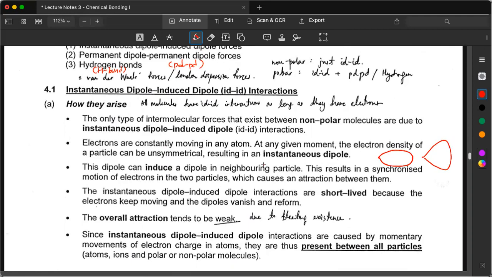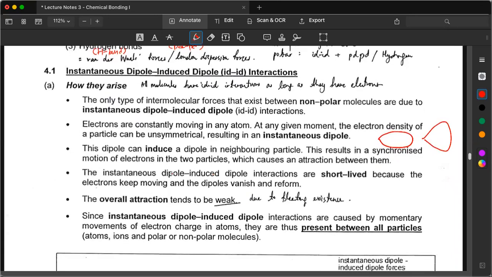When the electron density becomes asymmetrical, we call this an instantaneous dipole. The dipole can induce a dipole in a neighboring particle. This results in a synchronized motion of electrons in the two particles, which causes attraction between them.